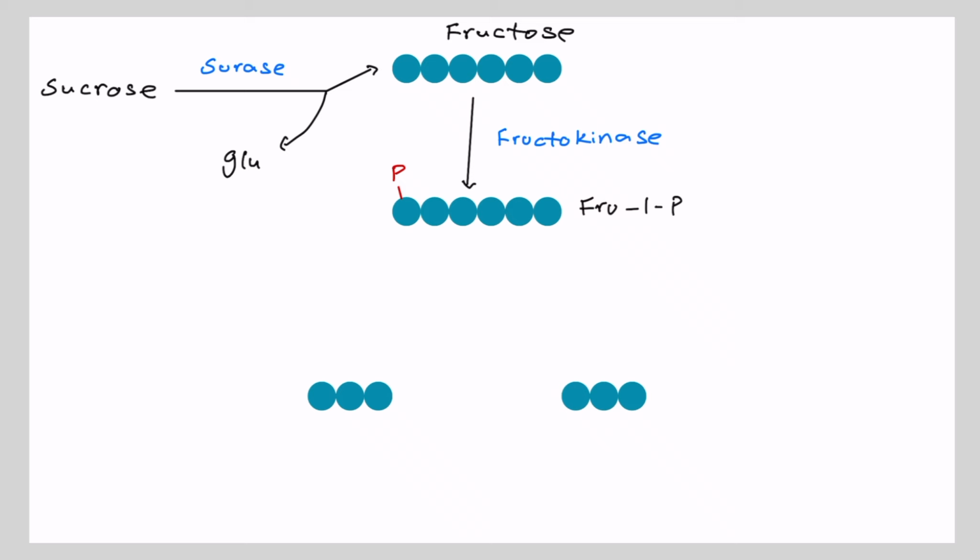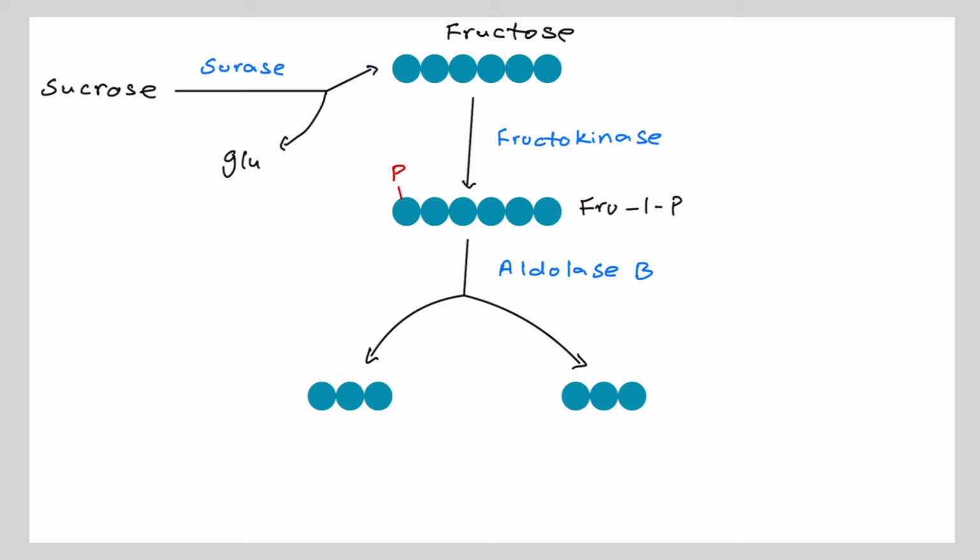So the next step will be catalyzed by an enzyme that we call Aldolase B. What aldolase does is that it's going to cut this molecule in half, and it's going to be producing two different molecules for us.